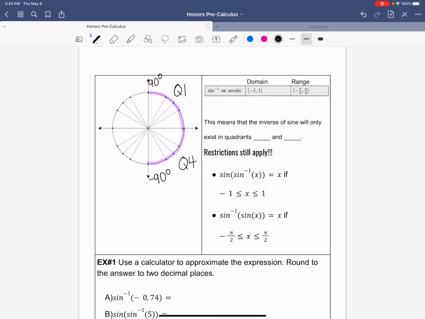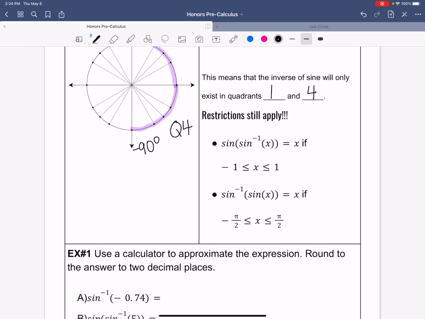When we talk about sine and sine inverse, we stick to quadrants 1 and 4. There are two properties that we were talking about in class that I need to clarify. After going back and verifying myself, I can see that the inverse means I'm giving you the side, and you're going to tell me the angle.